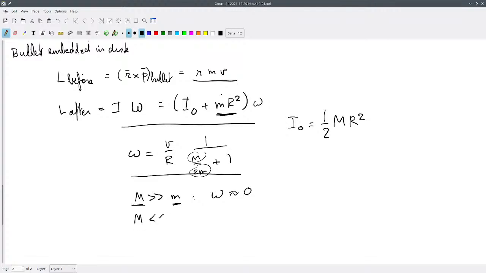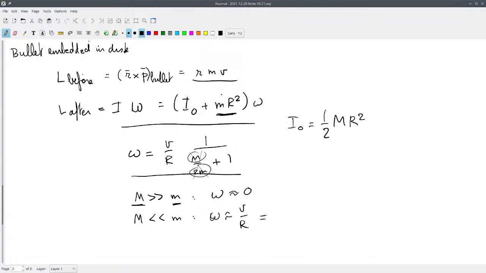If M is much less than the mass of the bullet itself, then you'll see that this turns into v over r. So what happens then is this term disappears, so we just end up with omega being about v over r.